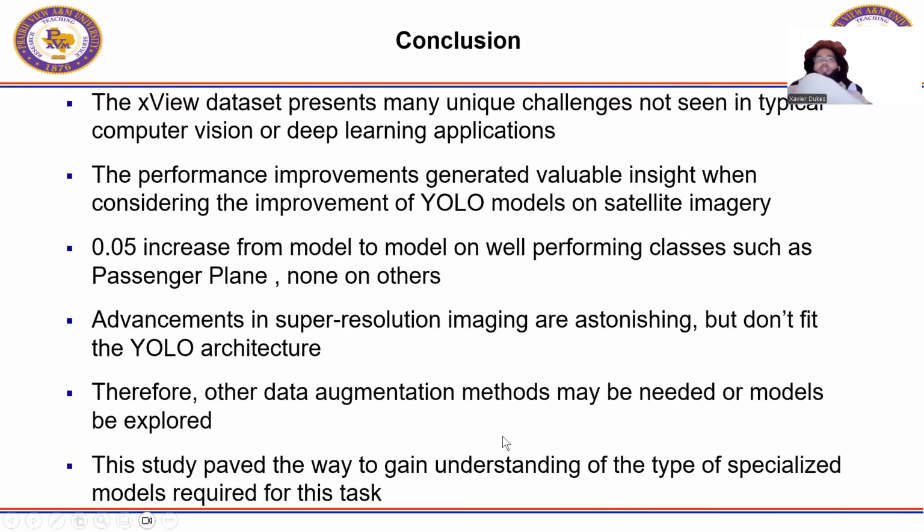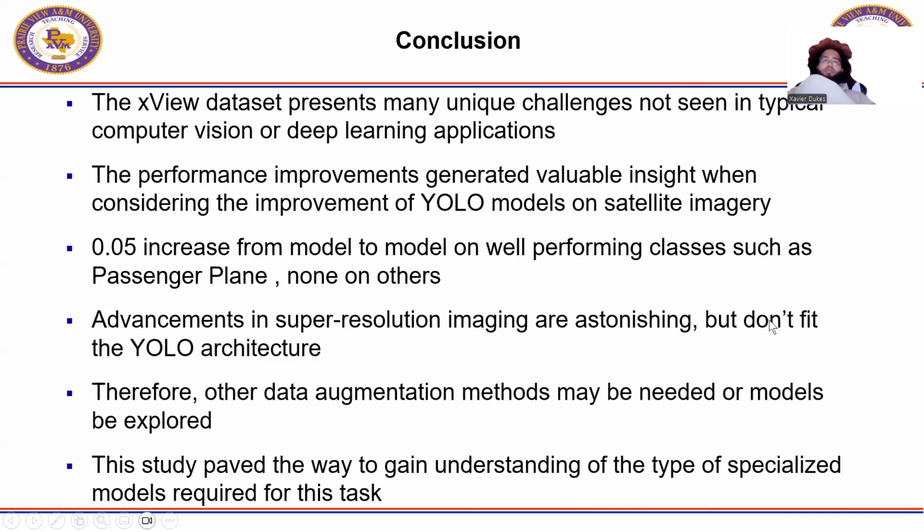So in conclusion, the XView dataset presents many unique challenges not seen in typical computer vision and deep learning applications. The performance improvements generated valuable insight when considering the improvement of YOLO models on satellite imagery. There is about a 0.05% increase in the mean average precision from model to model on well-performing classes such as passenger plane, but virtually no improvement on other classes.